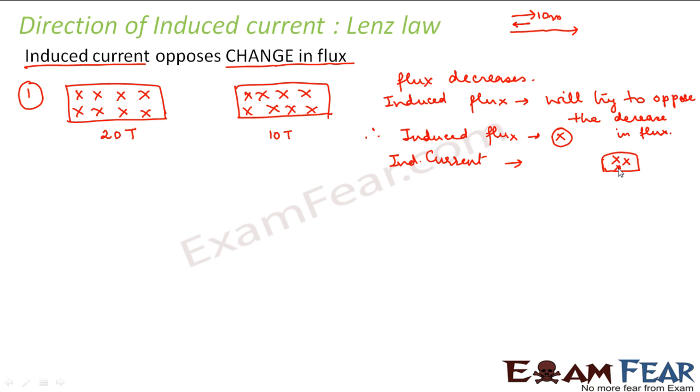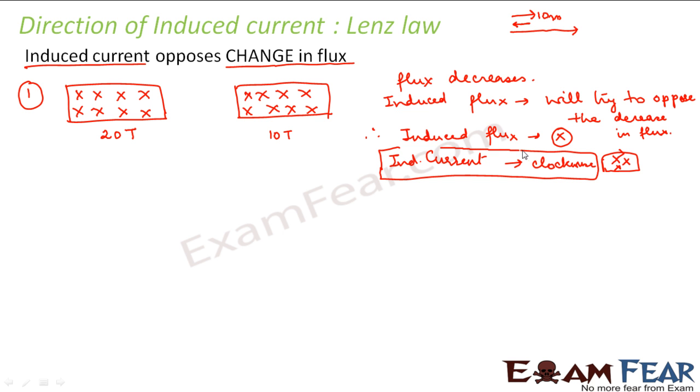You are saying that the induced flux is in the downward direction. So in that case, what should be the direction of current? Your thumb will represent the flux and all your 4 fingers will curl in the direction of current. So in that case, if you see, your current will be in the clockwise direction. So the direction of induced current is clockwise.